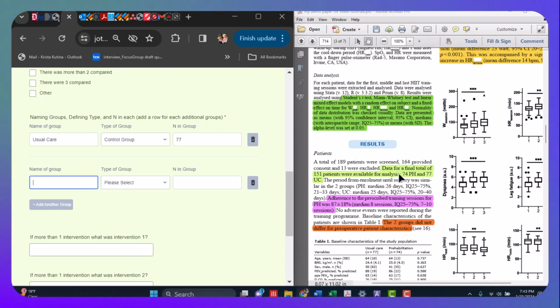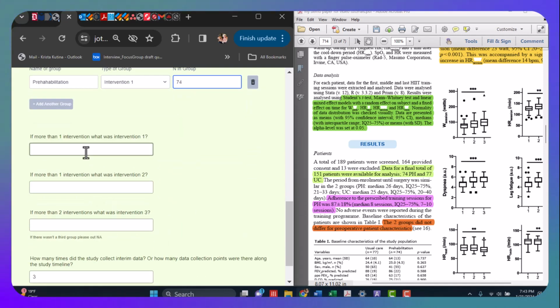Throughout the paper, they called it the HIT group, which was their high intensity interval testing group. But for the purposes of their results, they're saying group. So, this was, I would say, intervention 1, and the N was 74.